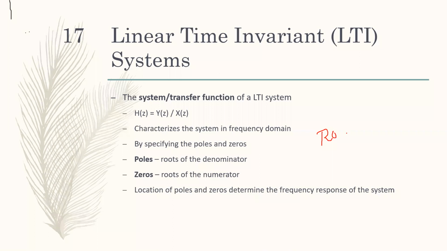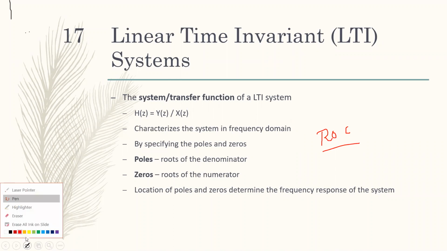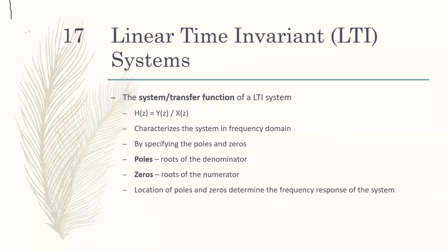Using this, you try to identify it as a right-sided or left-sided system. These are all things you have seen in your signals and systems classes. So the transfer function helps us identify the overall system and how it is behaving.